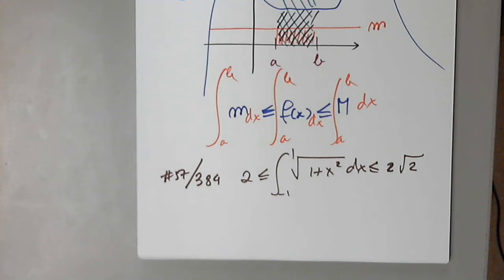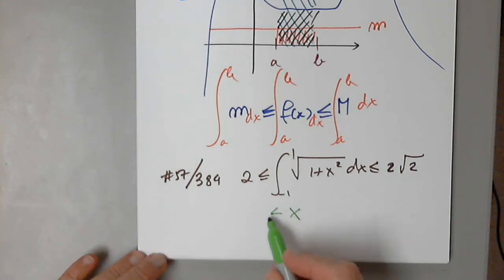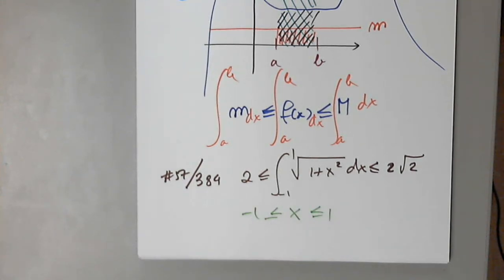For? Yes, so for x. That's all I know right now. That's carved in stone because it says the integral from -1 to 1, so that's where x is. And that is the only thing I know.